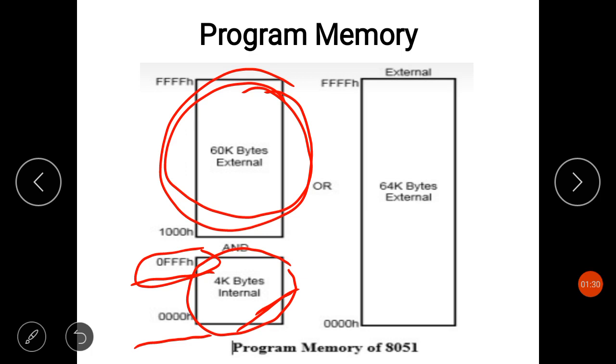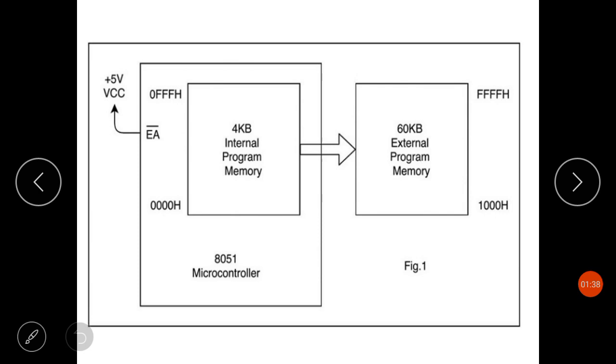This whole program allocation can be done in two ways depending on the status of the EA bar pin, that is the external access pin. It is an active low pin since bar is there, which means it activates when a low signal is provided, that is, when it is grounded.